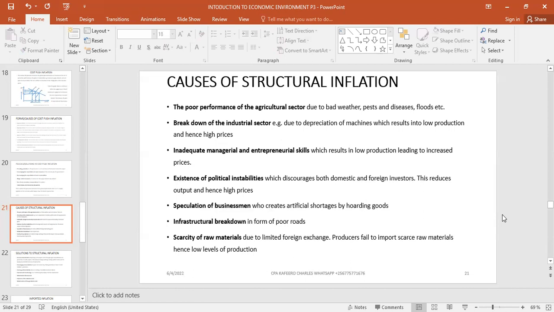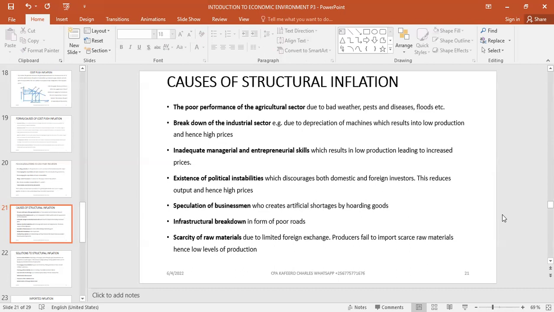If a machine has been new and producing very well, you may find as time goes on that it starts to reduce its efficiency, and instead of increasing productivity, it rather reduces productivity because of depreciation. When machines depreciate, we expect low production. That low production is not because we wanted it, but a result of those machines getting older.